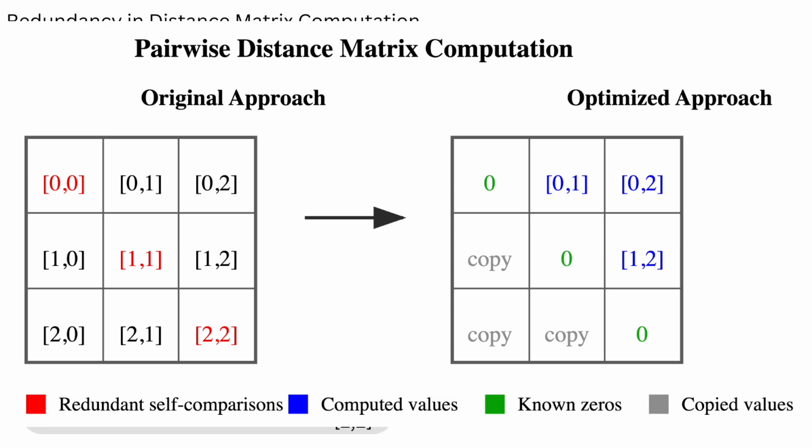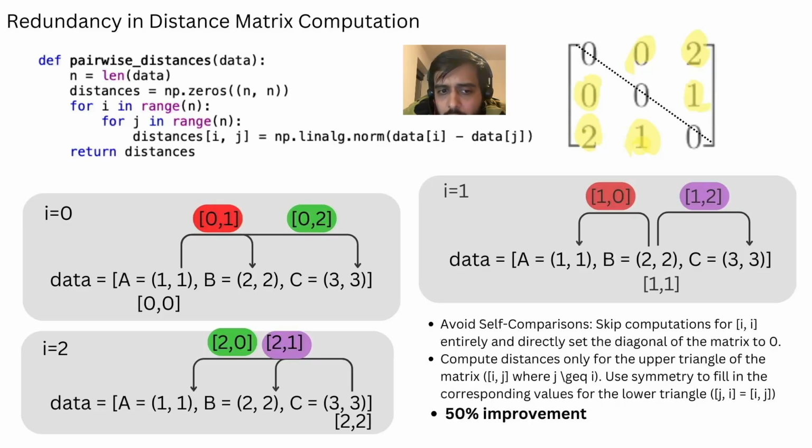Second, we could compute the distance or comparisons only in the upper triangular matrix, when the index j is greater than i. Finally, we could use the symmetry of the matrix to copy the upper triangular matrix into the lower triangular matrix so that ij is the same as ji. By doing this we can reduce the computation by 50% and avoid the redundant calculation entirely. The interviewer seemed happy about my responses, and so we will go to the next question he asked me.